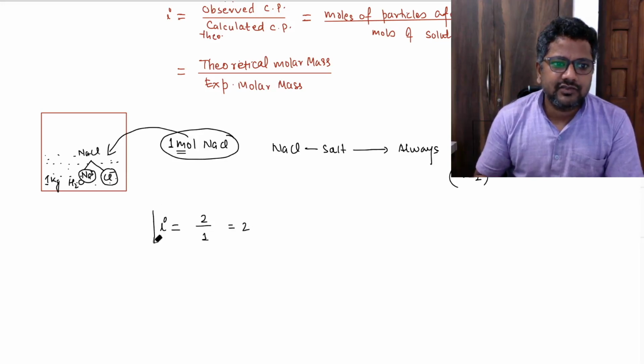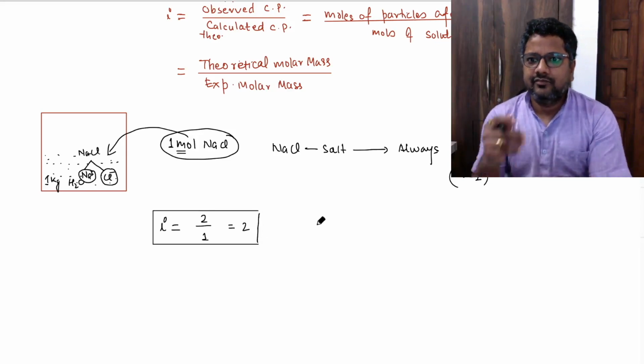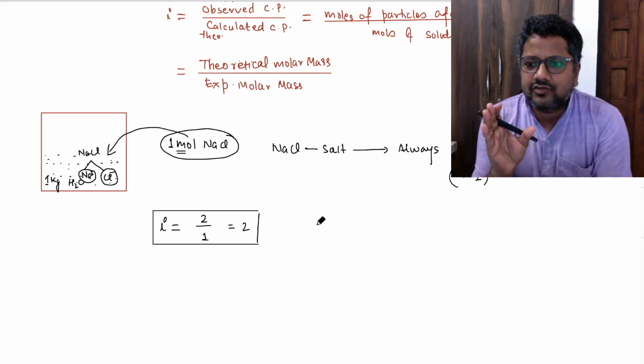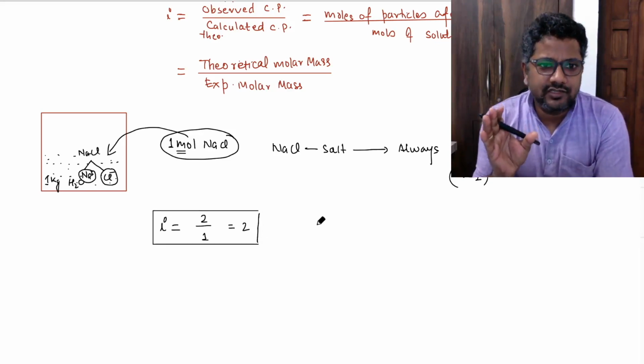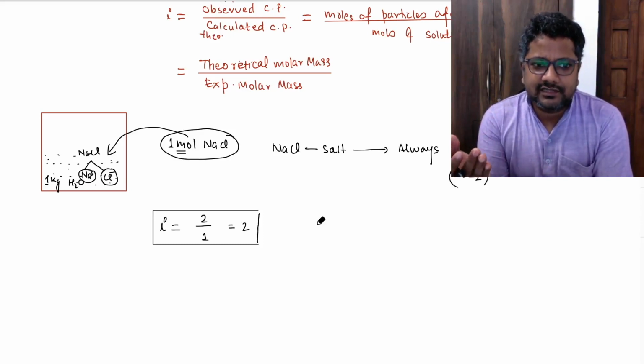So i for sodium chloride is equal to 2. So whatsoever colligative property you are observing for 1 molar sodium chloride solution, you will get twice of that, in fact, experimentally.